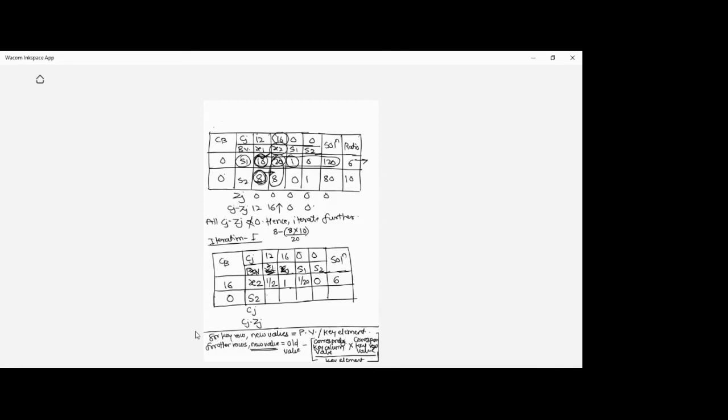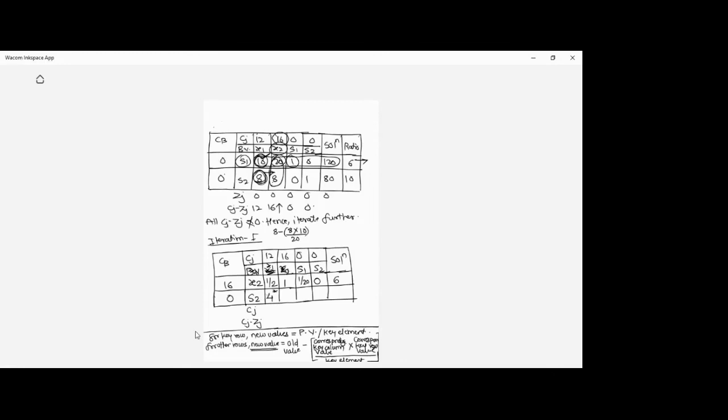So for this space, I have this formula: 8 minus 8 into 10 divided by 20. 8 into 10 will be 80. 80 divided by 20 will be 4, and 8 minus 4 will be equal to 4.